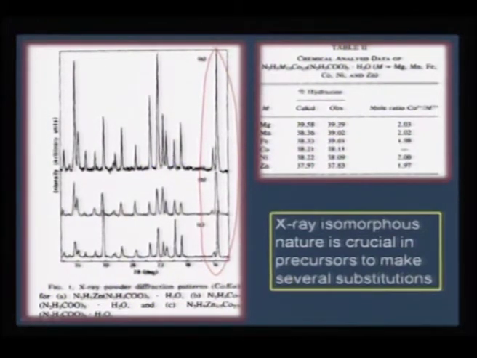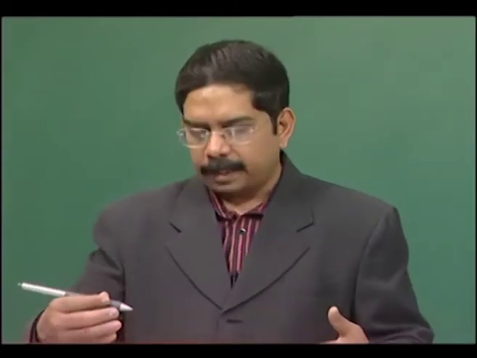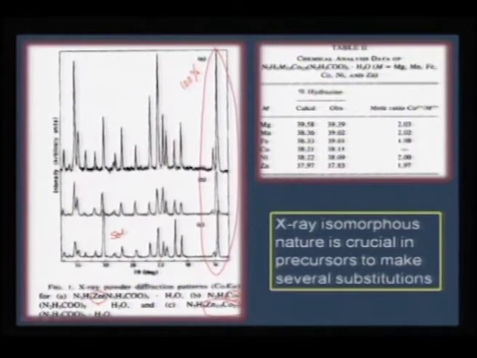As you can see here, this tall peak, which is usually referred to as the 100% peak, is coming at nearly 14 degrees, and irrespective of what the metal ion is, whether it is zinc or cobalt, you still see the same crystal structure, and because of this crystal structure, it is possible for me to make zinc and cobalt together, which is nothing but your C. So, when I make a comparison between A and B, then it gives me the possibility to go for the solid solution which is C.